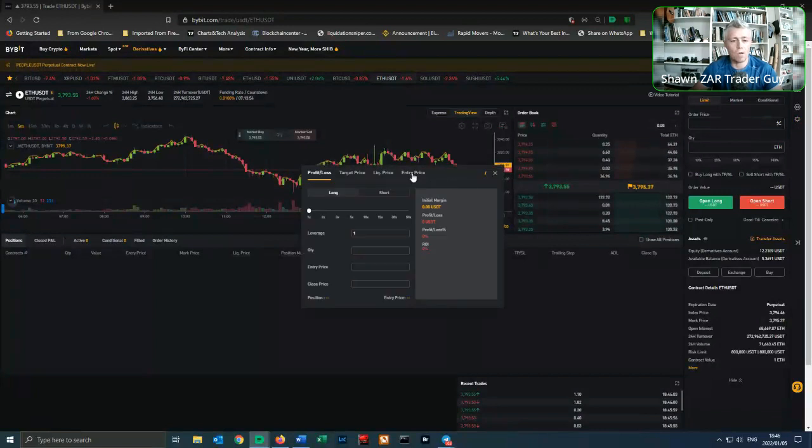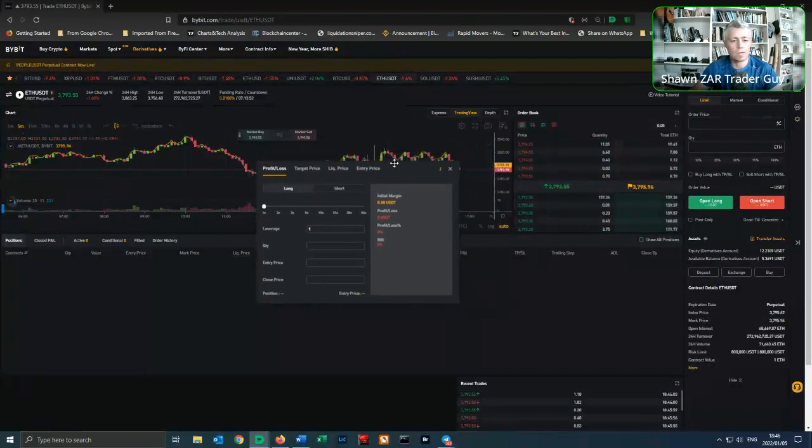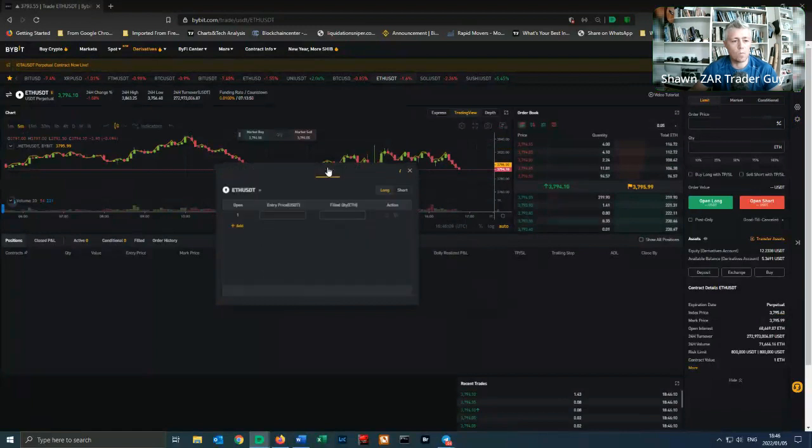So if I go and click on entry price, let me just stop that from moving. Let's say, for instance, on ETH USDT, my entry price is 3,794, and I'm going to say maybe $600.